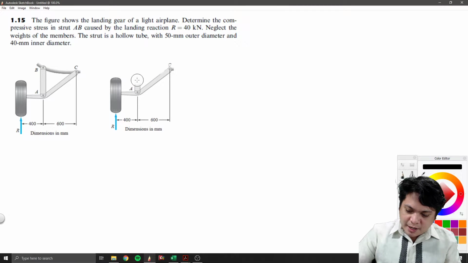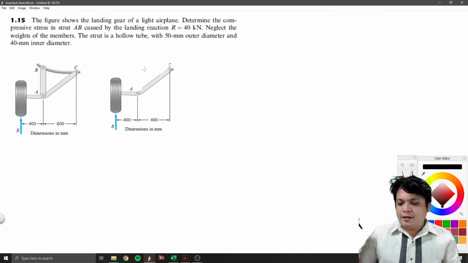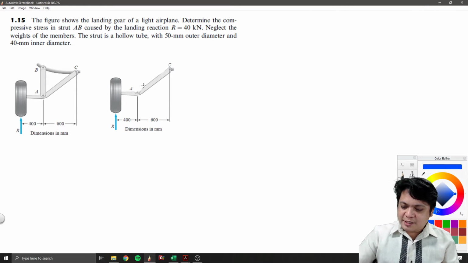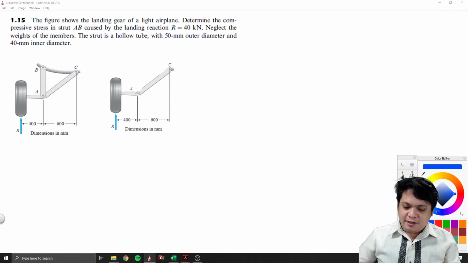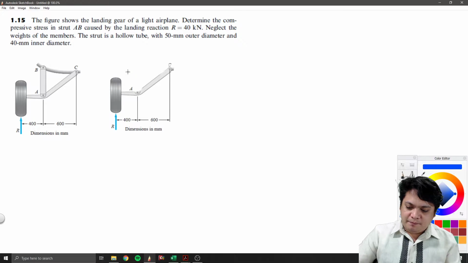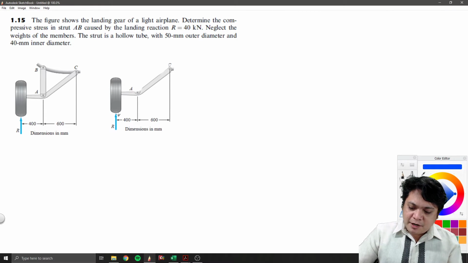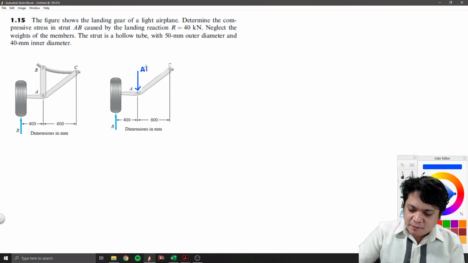Okay, so I will remove the struts and other unnecessary members. If I have a reaction here, and then this is what I am looking for, that is the force on the strut AB.